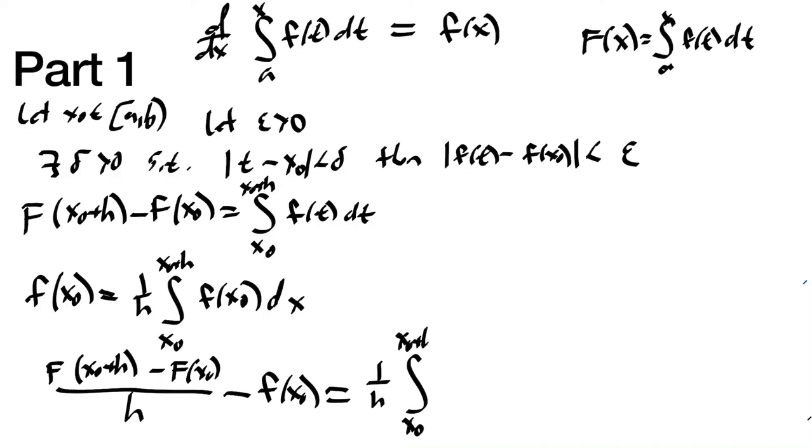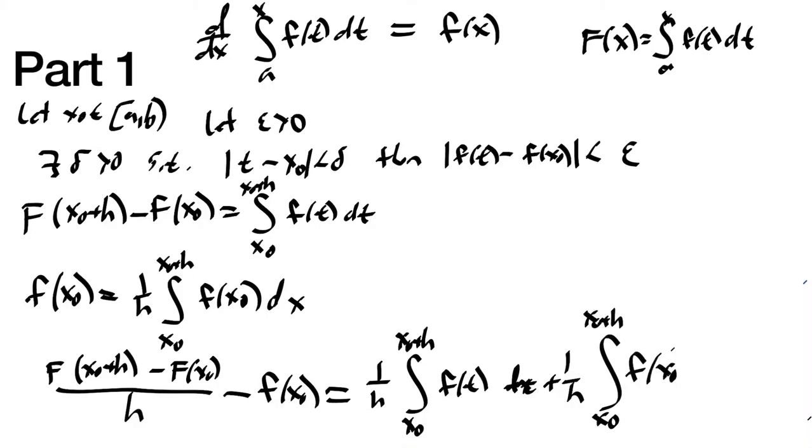And when I do that, this on the left over here gives me the 1 over h times the integral from x naught to x naught plus h of f of t dt. And then when I do the other part, I get 1 over h, the second formula that I just created, the integral from x naught to x naught plus h of f of x naught dt.